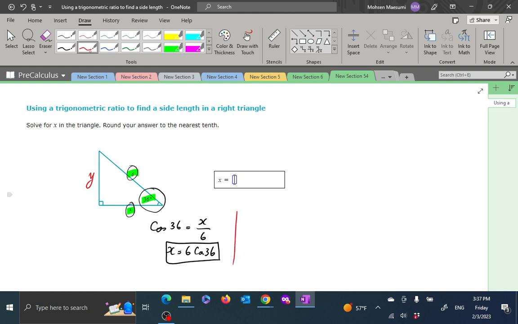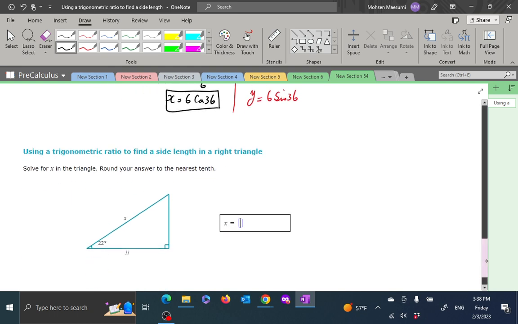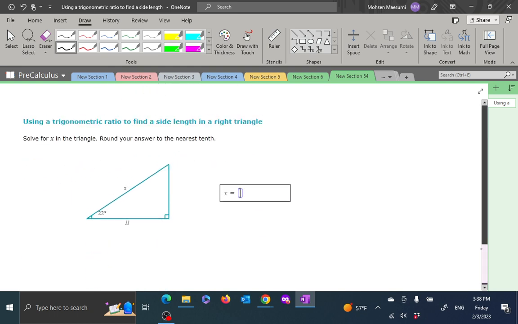Well, similar to this one, y becomes hypotenuse times the sine of 36. I leave that for you to find out. So here the answer to the problem was 6 cosine of 36 degrees. Looks like in all these examples, the angles are given in degrees.